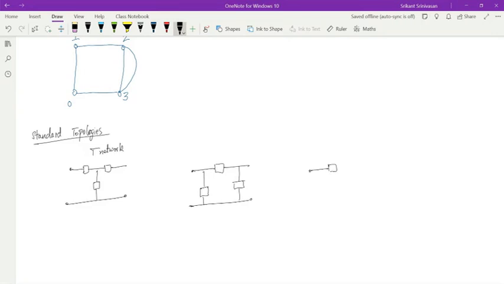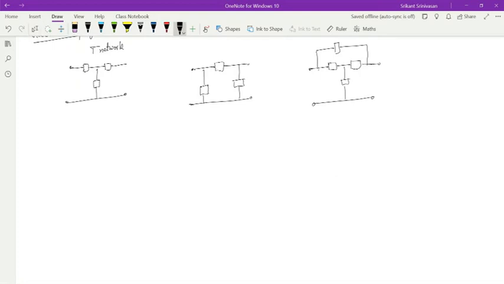Pi network. Okay. What about this one? T bridge. Good.